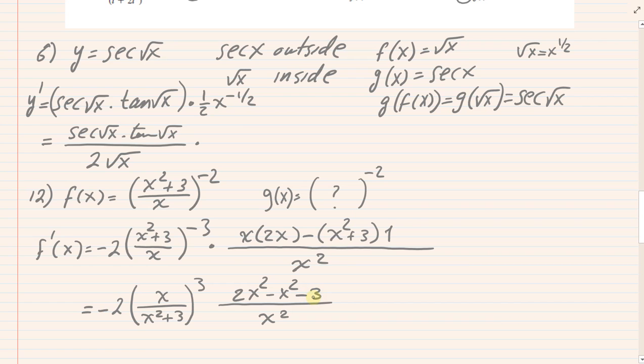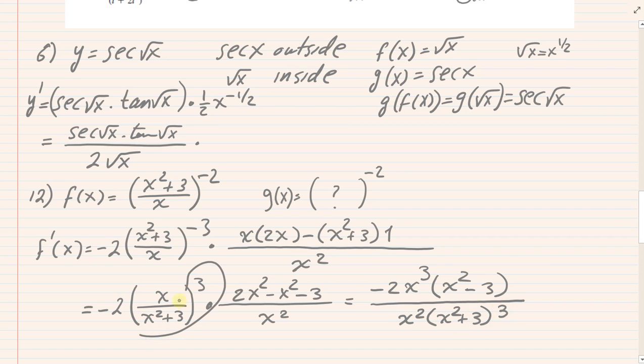And we have like terms in that one. So let's bring it together. In front, I have negative 2x cubed times 2x squared minus x squared, which is just x squared, minus 3. And it's being multiplied, so that's why I'm multiplying them in the numerator. In the denominator, we have x squared, and then we have x squared plus 3, the denominator of our first fraction. That's going to be cubed. That's this part.